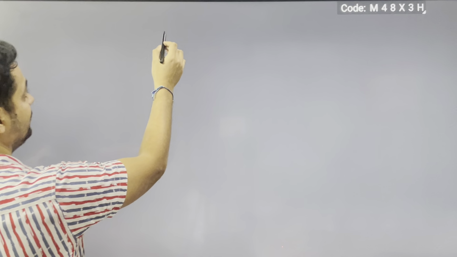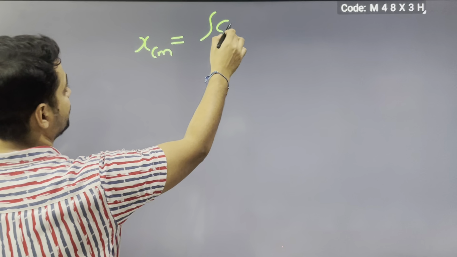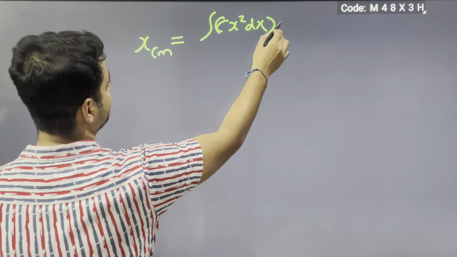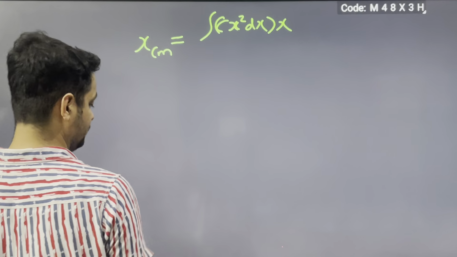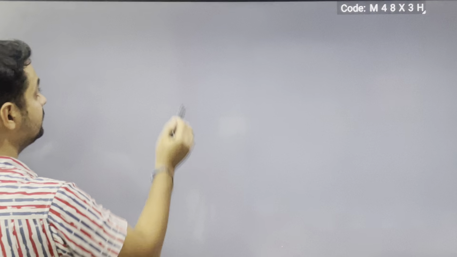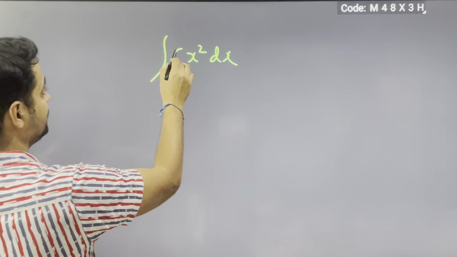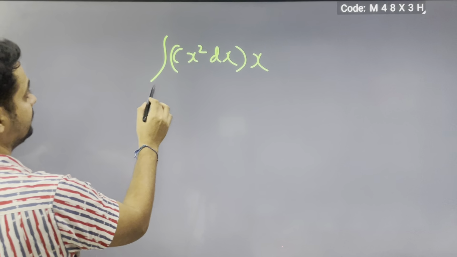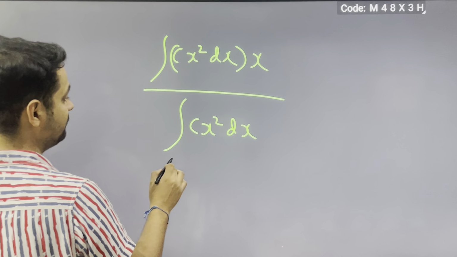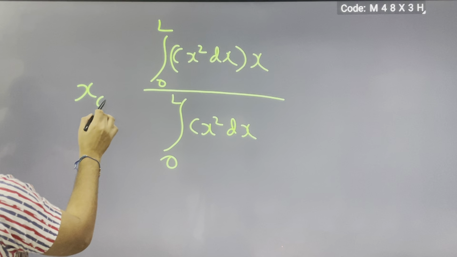Here we have to find the x center of mass, which is the integration of cx square dx, that was dm, times x, divided by the integration of cx square dx, that is dm, with the integration limits 0 to L. This is nothing but the x center of mass.